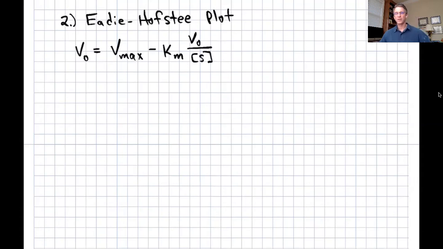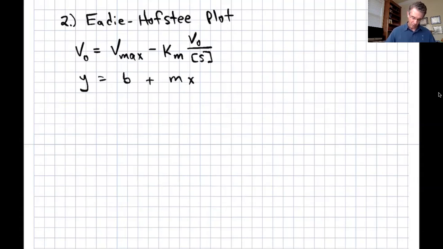So you can imagine the algebraic manipulation it took to rearrange the Michaelis-Menten equation into something that looked like that, again with the goal of turning this into a y equals mx plus b type equation, right?